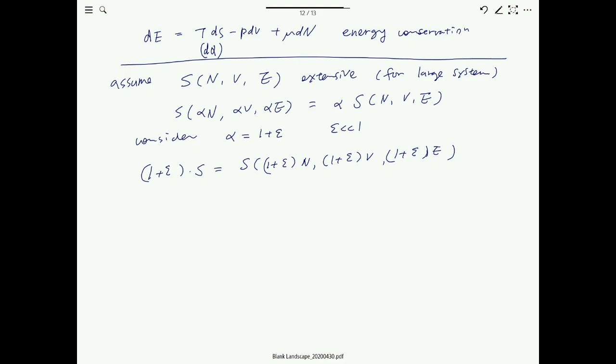It's straightforward to extend to three variables. So for one variable, that means S of alpha N is alpha S of N.